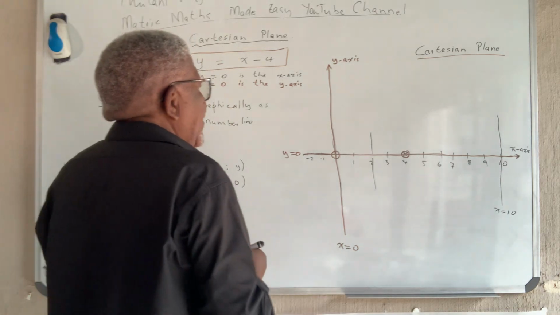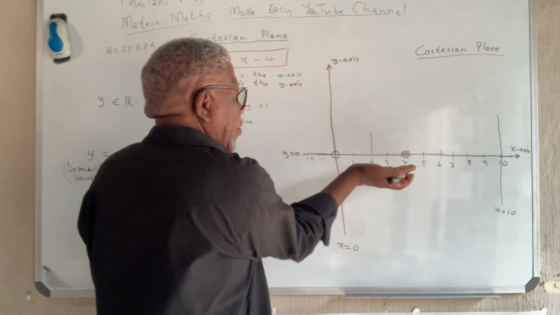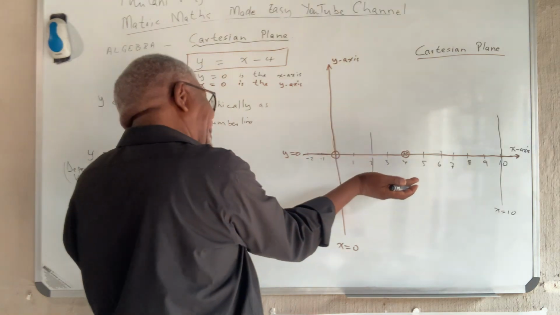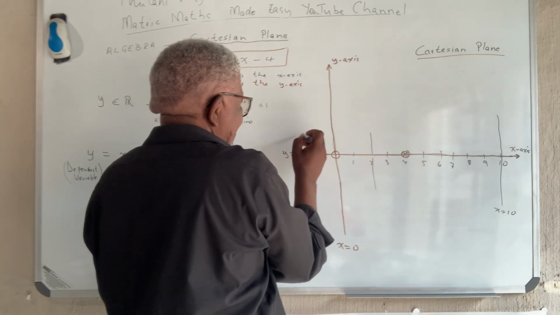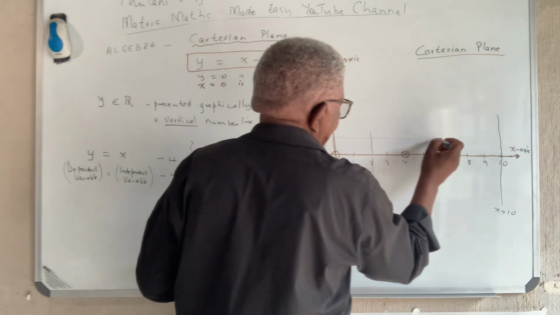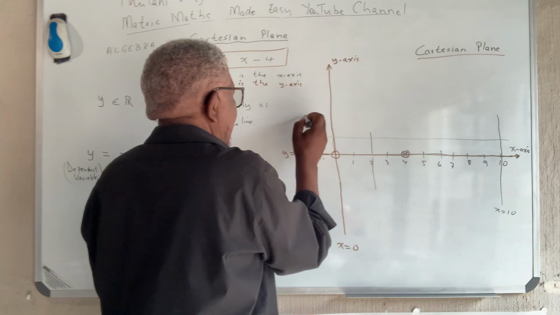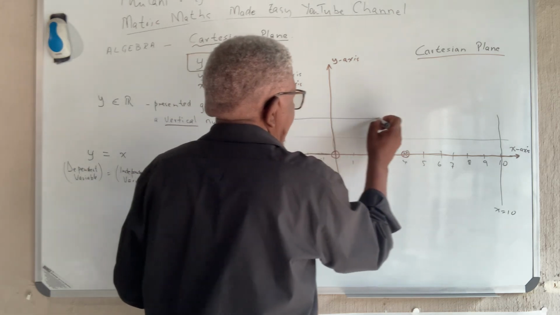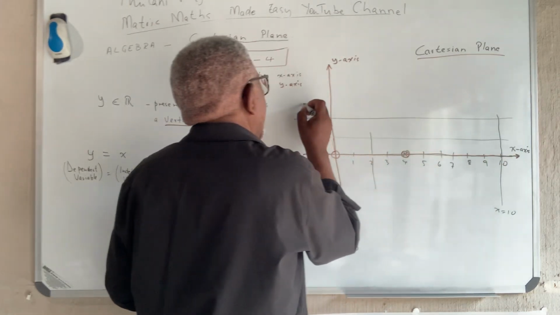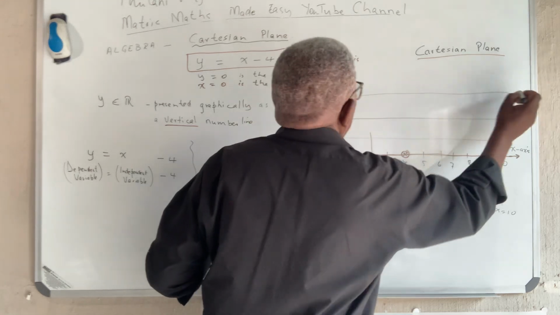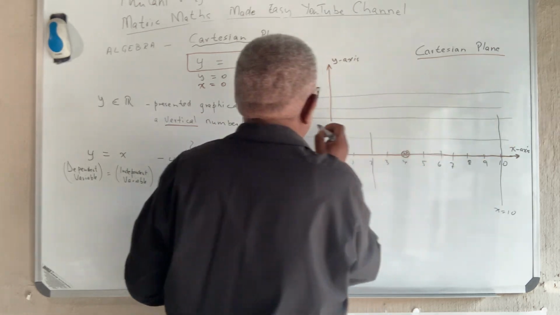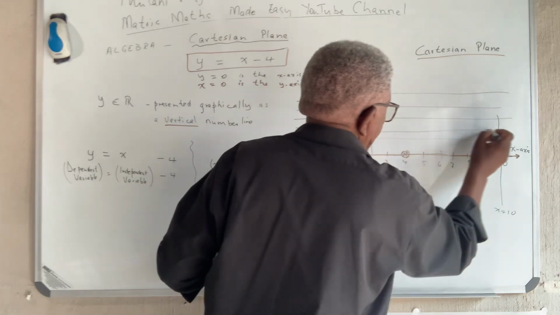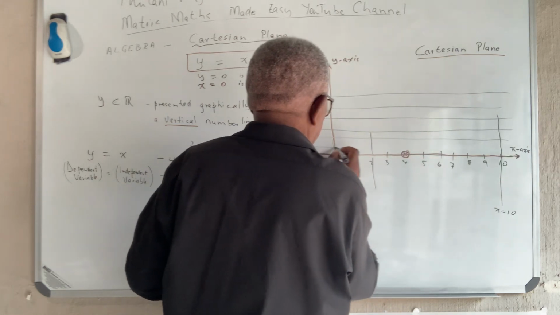As we did with x, because we have turned the x-axis to the y-axis, the vertical, we have a value here of y, a value here of y, a value there of y. Let's just put some more lines of y here.